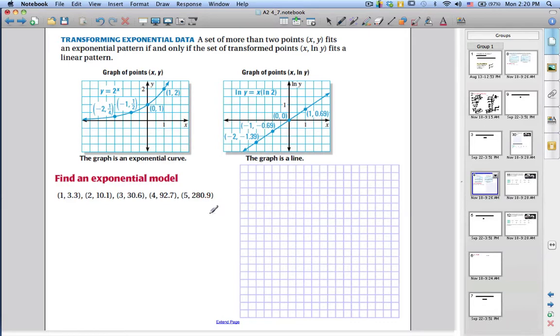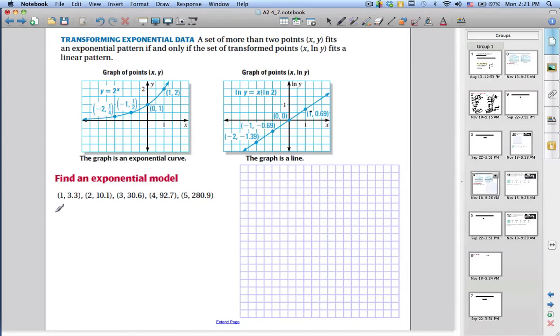If we want to figure out what model it fits, we can test for an exponential model by taking a look at a new data set that includes the x value we had originally plus the natural log of the y value. And if that creates a line, then we know we have an exponential model and we can proceed.